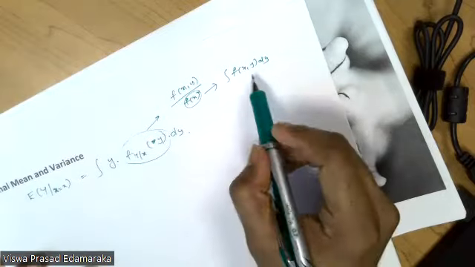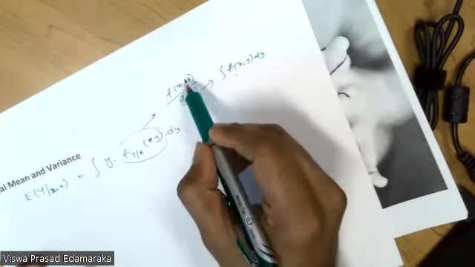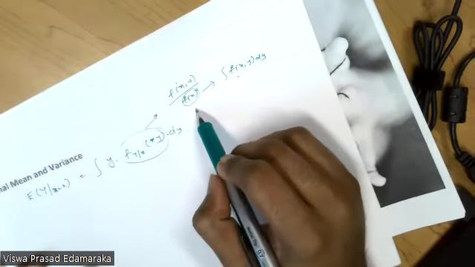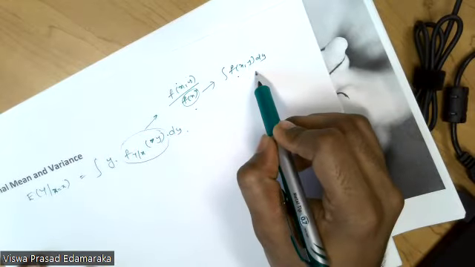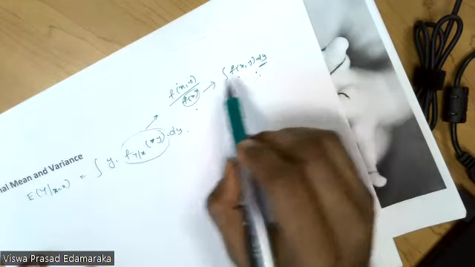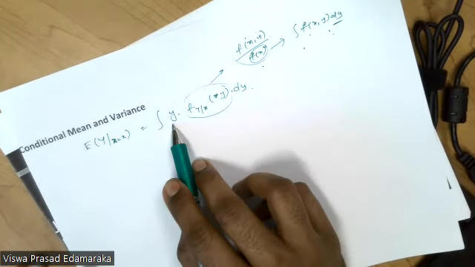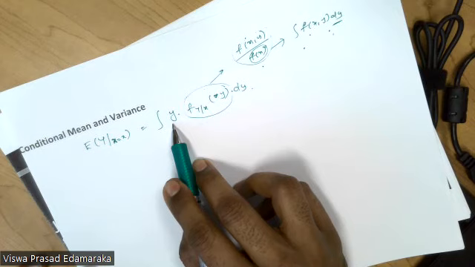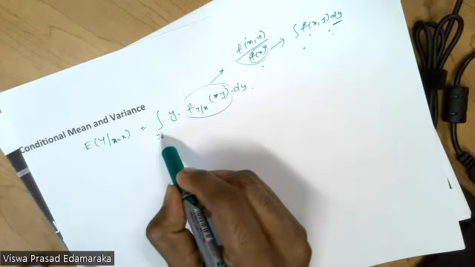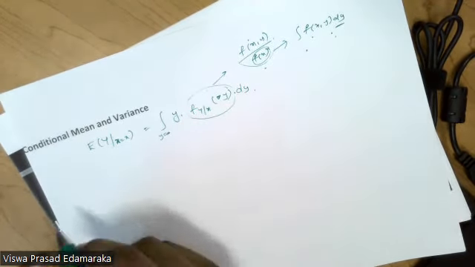Everything is interlinked. We know f of x comma y, we'll substitute here. We don't know f of x, we'll integrate f of x comma y with respect to y. We'll get f of y given x. So multiply with y and putting y limits, we'll get the mean value.